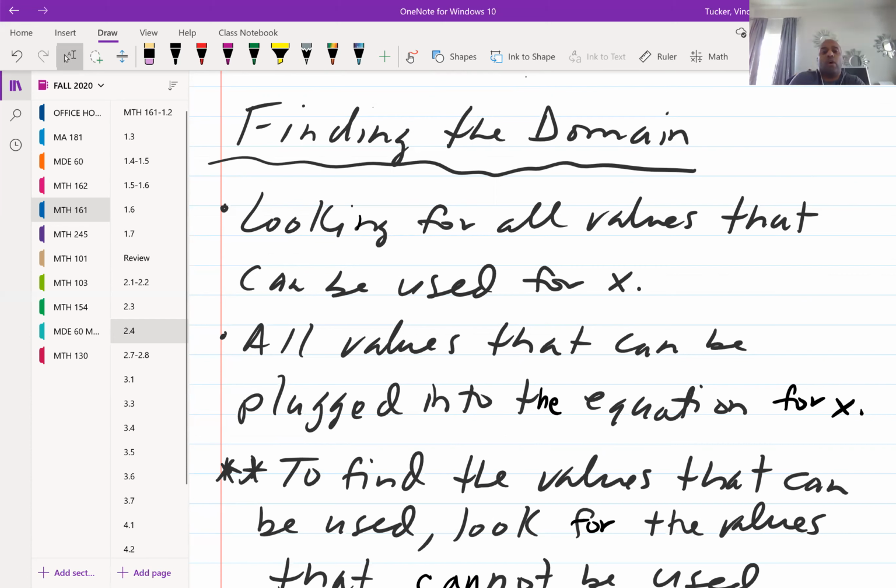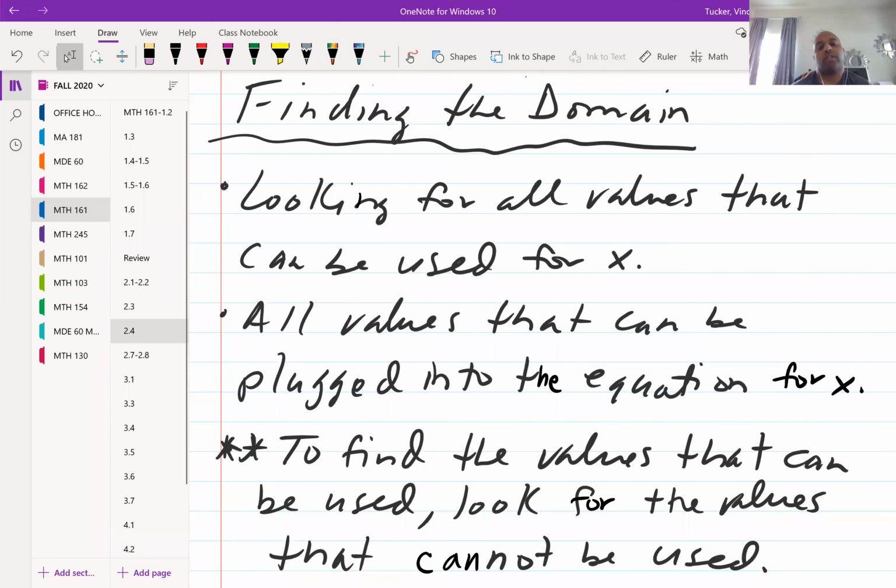So you want to look for all the values that can be used for x, or in other words, all values that can be plugged into the equation for x. So to find the values that can be used, look for the values that cannot be used.